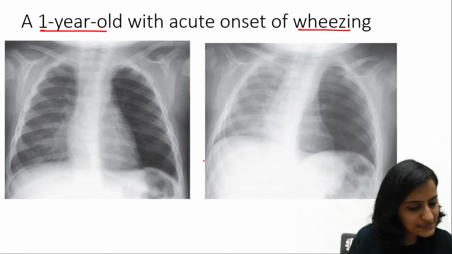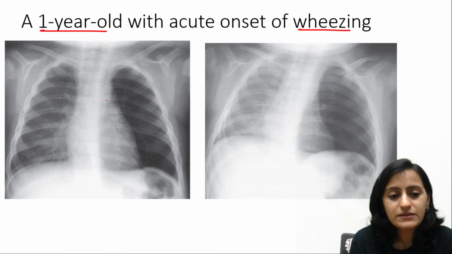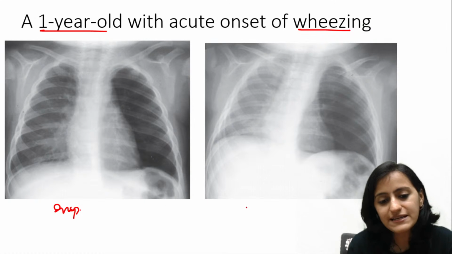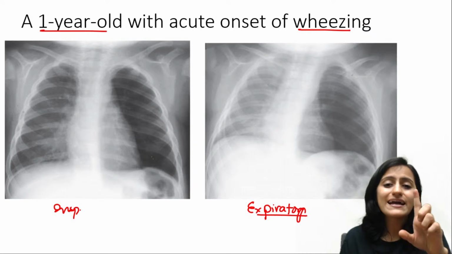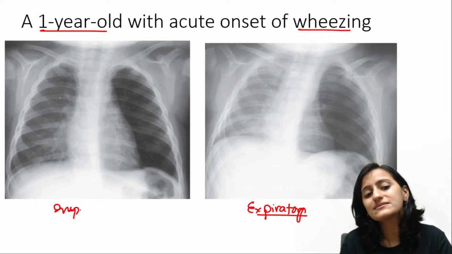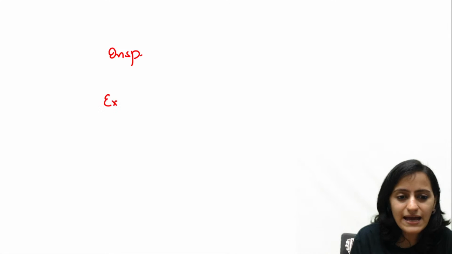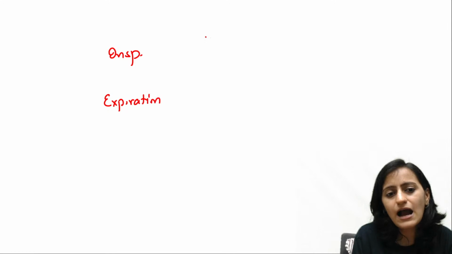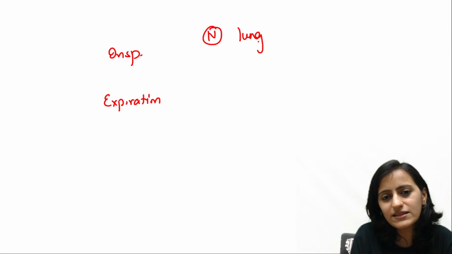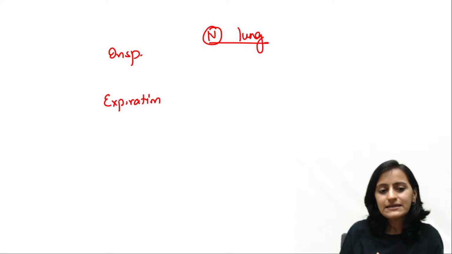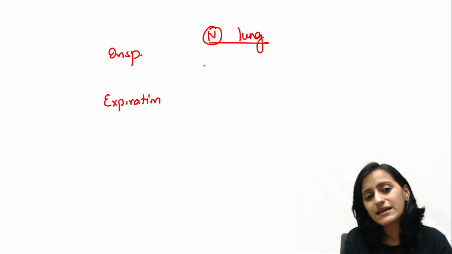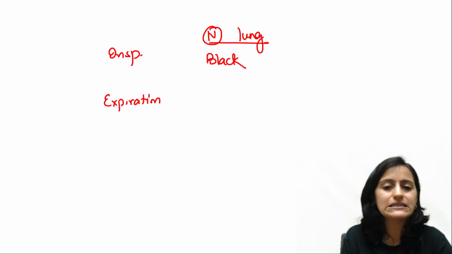And here in this case, this is your inspiratory view of x-ray and this is the expiratory chest x-ray view. Now, how does the expiratory view help us? Understand the concept, this is very conceptual. In inspiration, the air we are taking in is black on x-ray, so the lung is black in color.